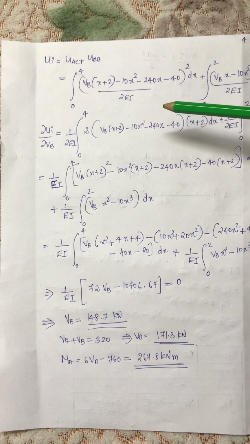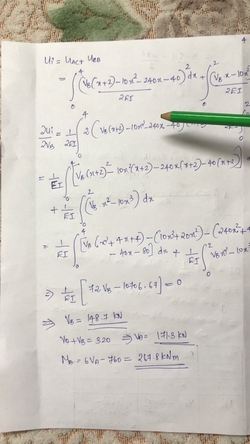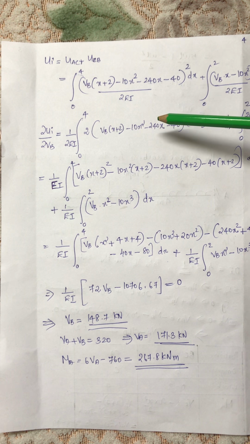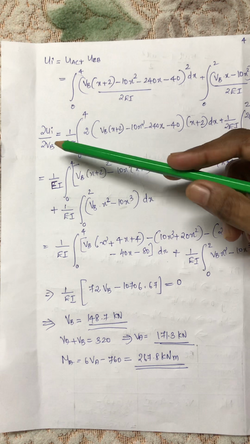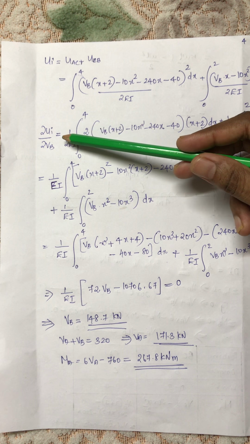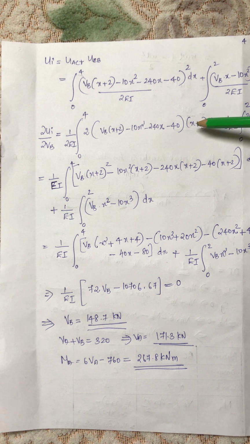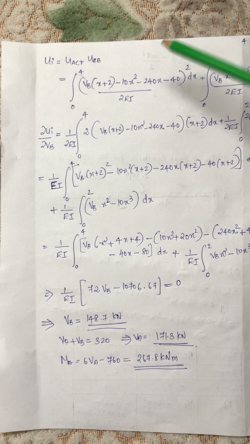Now what does Castigliano's second theorem, or the principle of least work, say? It says that the partial derivative of strain energy with respect to the redundant is equal to 0. So here we chose VB as the redundant, so we have to take the partial derivative and equate it to 0. First of all, I am taking the partial derivative with respect to VB.